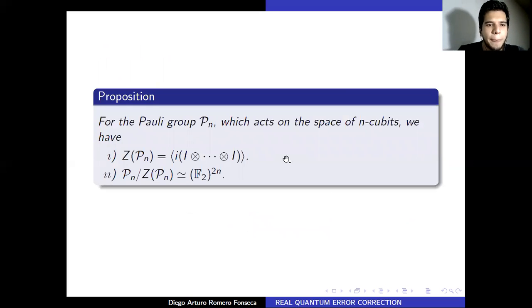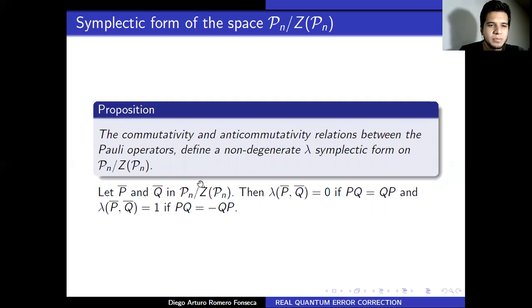For this Pauli group, the center is the multiples of the identity, and if we take this quotient, we get the field of two elements to the power 2n. So this quotient is a vector space, and we can work with it much better than with the group because it's going to be easier. The first thing we can note about this vector space is that it's a symplectic space.